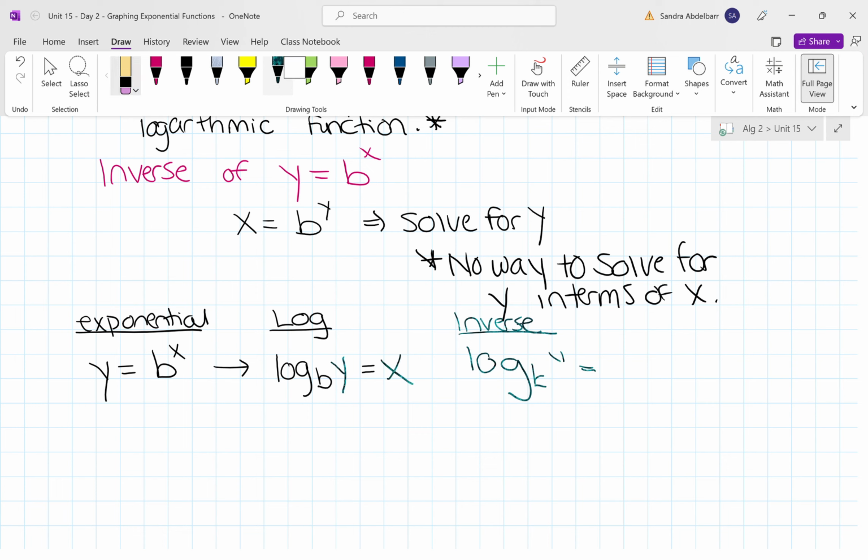Sorry, guys. Going too fast here. So now we're switching x and y. So now we're going to have log base b of x equals y. Is y now solved for? Yeah, so there's no other manipulation we have to do. This would be our inverse. We're going to do some problems.